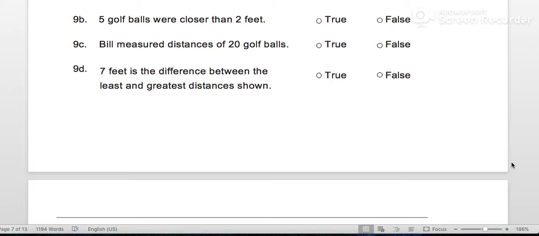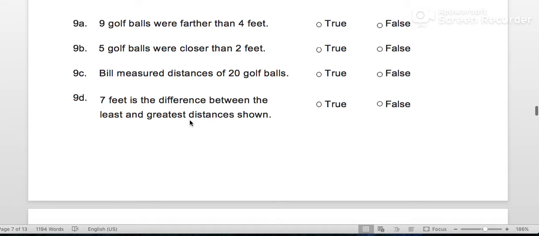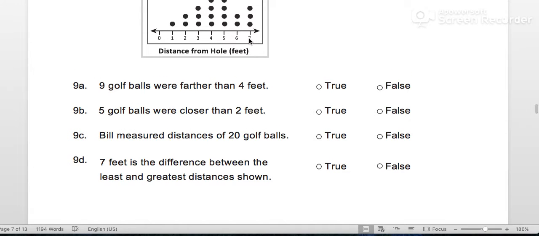So this one's a little tricky. What is the distance between the least distance shown, which is 1, and the greatest distance shown, which is 7? So what is the difference there? Is it 7 feet? True or false?